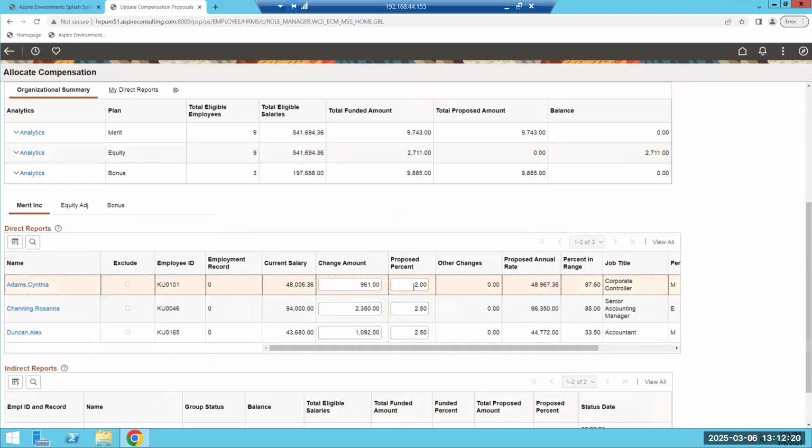So if, for example, I wanted to say, hey, I really want to bump Alex's increase up, I'm going to make Alex's increase 3%.